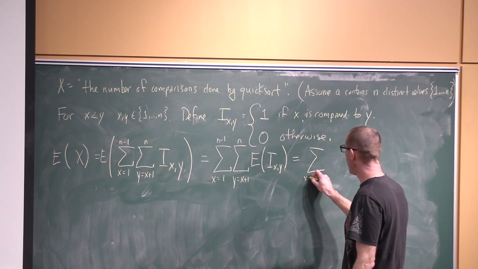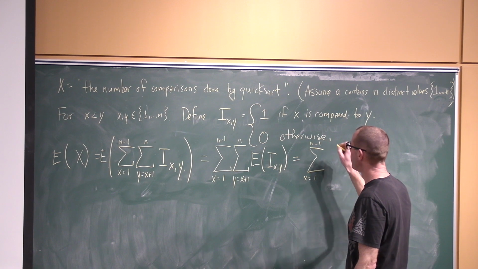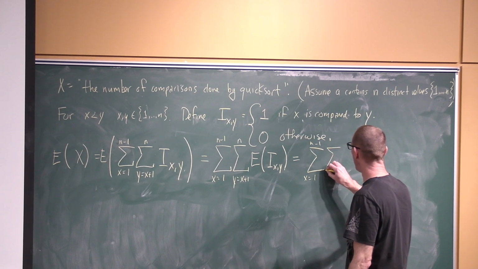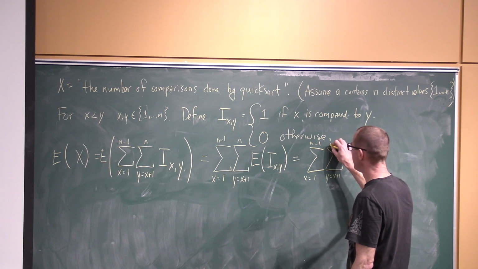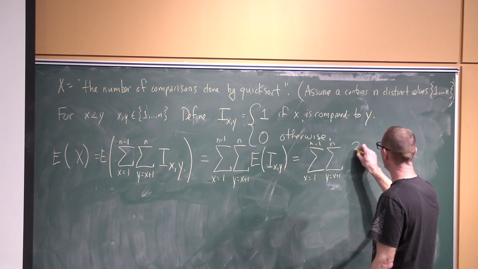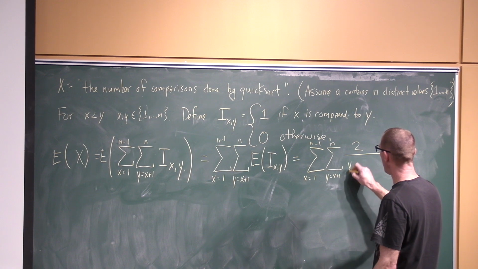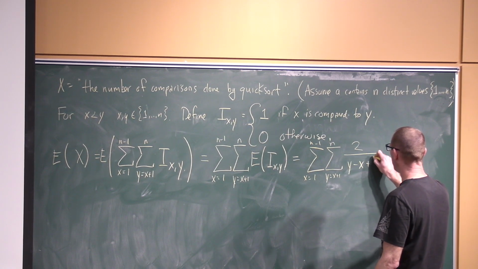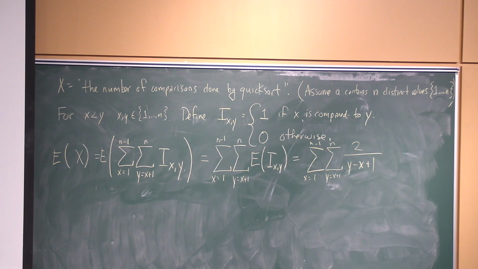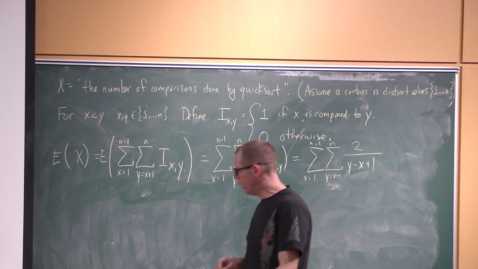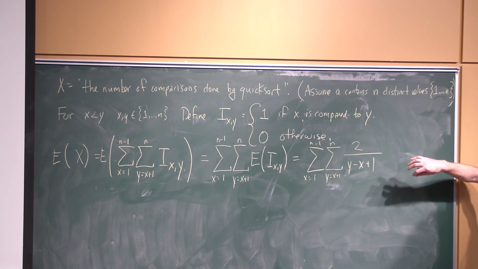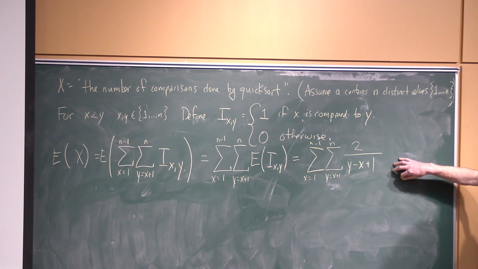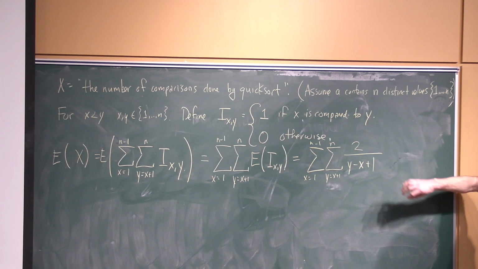Sum x equals 1 to n minus 1, sum y equals x plus 1 to n of 2 over y minus x plus 1. That looks difficult. So, the typical thing we do when we see something like this is we write it out longhand and see really what it means.